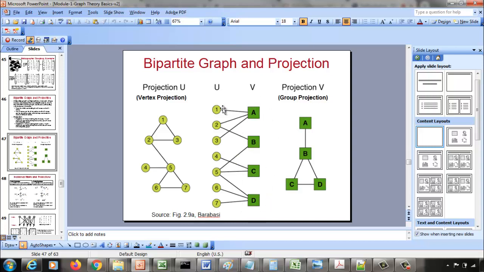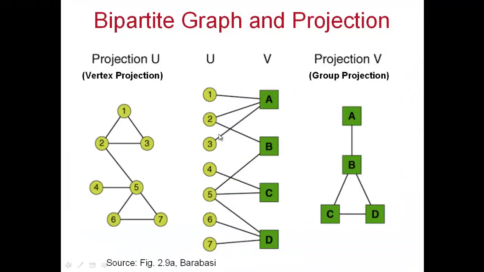One employee may belong to only one division, or an employee could be part of two divisions. Or this could be the actors in movies, and this could be the movies in which they have acted. Some actors could have acted in more than one movie and so on.